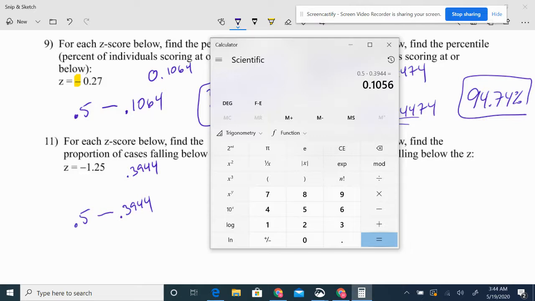Remember, if it was percent, I would say 10.56%. So if I ask you for the percentage, move the decimal twice to the right. Because I'm asking for the proportion, do not move the decimal place. My answer here is 0.1056.